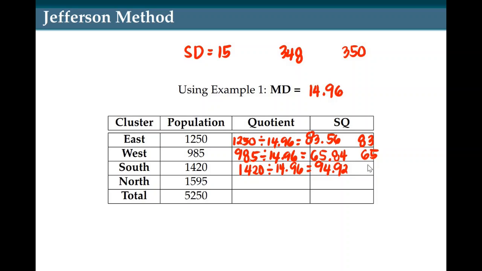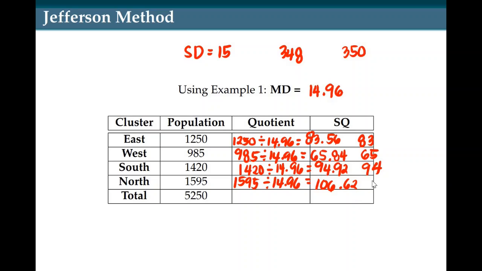Again, rounding down to the nearest whole number, we have 94. 1,595 divided by 14.96 will give us 106.62.